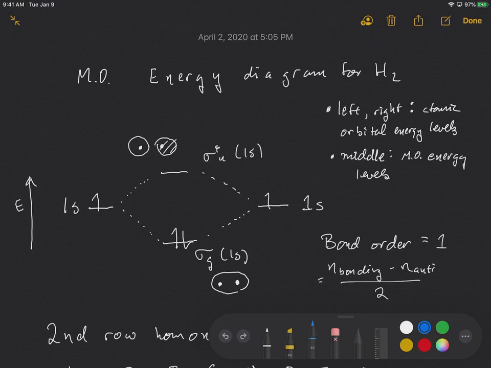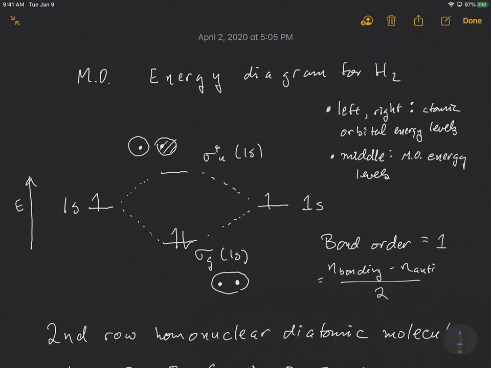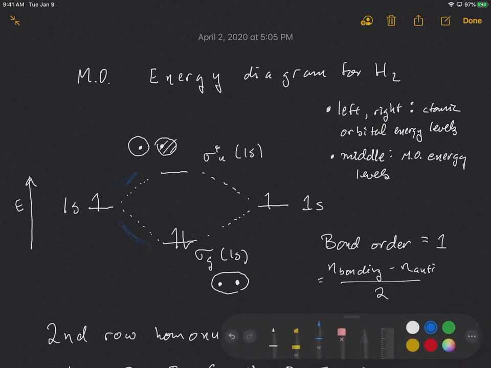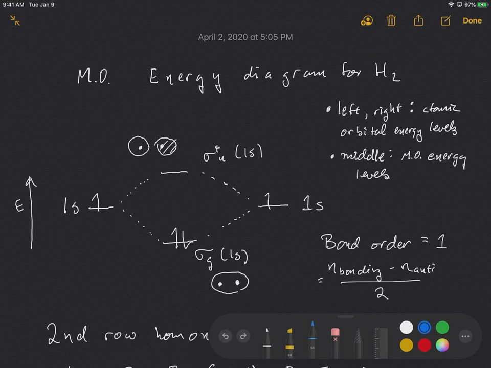So the molecular orbitals go in the middle of this MO energy diagram. And then we use these dotted lines to indicate the atomic orbitals from which those molecular orbitals derive.